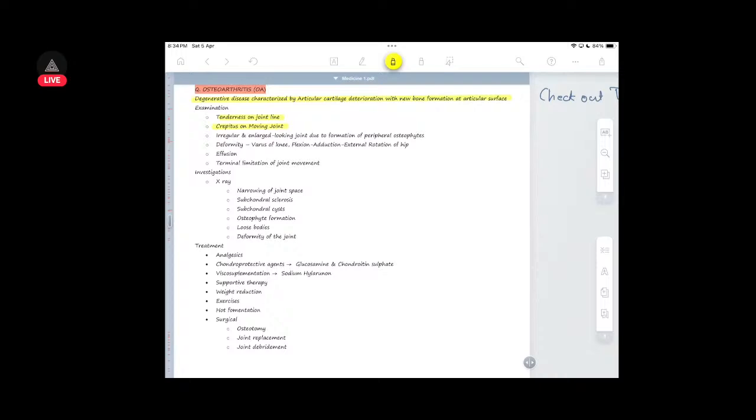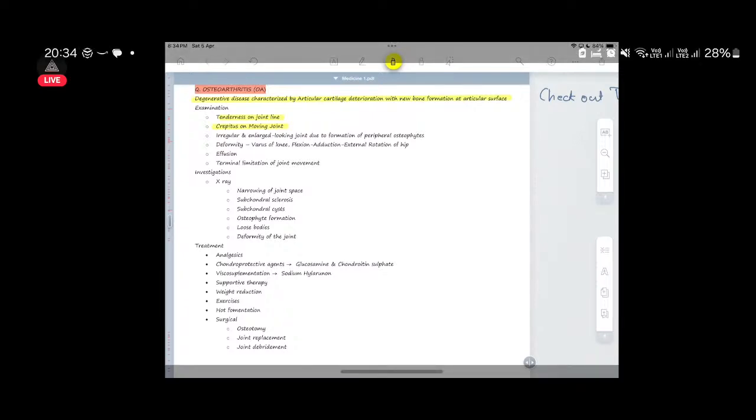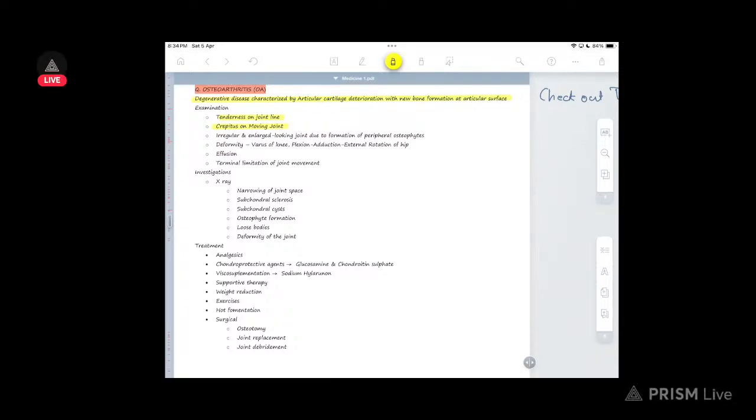Joint line tenderness, crepitations on moving the joint, and irregular and enlarged joints due to formation of peripheral osteophytes. Peripheral osteophytes is an important feature. It's important in a lot of subjects.